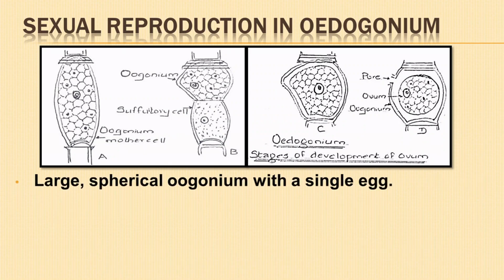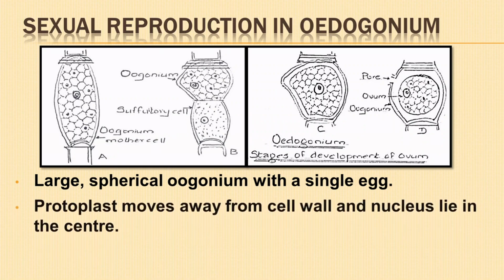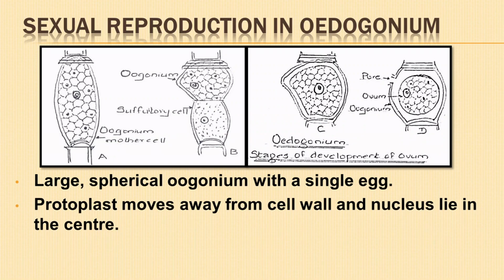An oogonium is much larger than the ordinary vegetative cell, spherical, with a single egg or ovum. Its protoplast moves away from the cell wall and the nucleus comes to lie in the center.